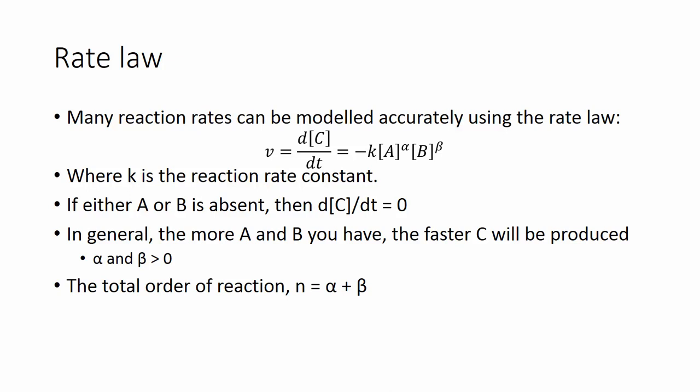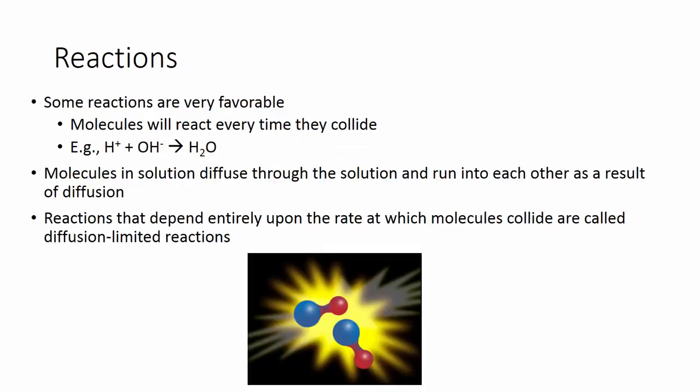If either A or B is absent, then dC/dt is going to be 0. And in general, the more A and B you have, the faster C will be produced. Alpha and beta, our exponents here, are greater than 0, and the total order of the reaction, n, is equal to alpha plus beta.